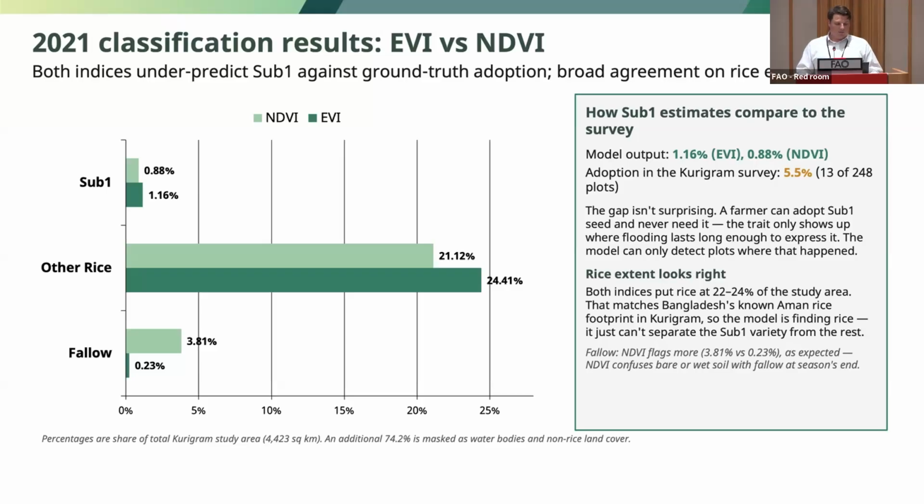One of the bigger differences is in the estimation of fallow lands, where many of us will recognize that NDVI will often overestimate because soil moisture gets misclassified as potentially fallow. The model output indicated that of the areas studied, 1.16% with EVI indicated sub-1 adoption and planting. NDVI was 0.88%. And of course, that is incorrect and not consistent with the actual survey data that we have.